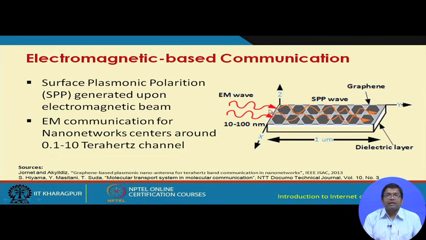It is basically electromagnetic waves that are passed through some kind of nano material like graphene or something like that, and the information is transferred from one device to another device. So, electromagnetic communication for nano networks centers around the 0.1 to 10 terahertz channel band.